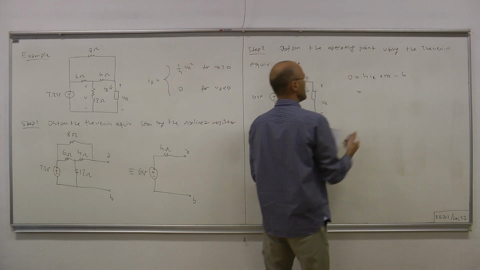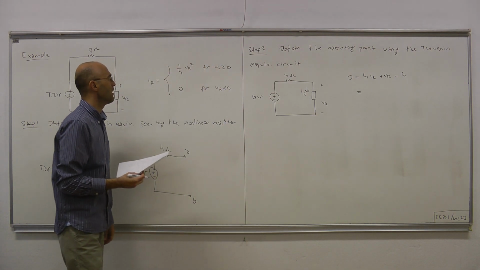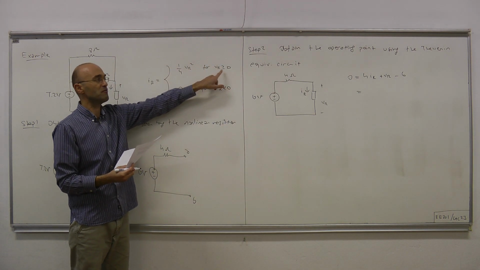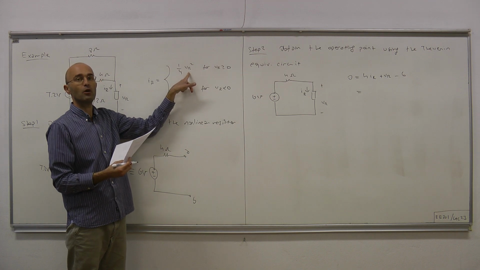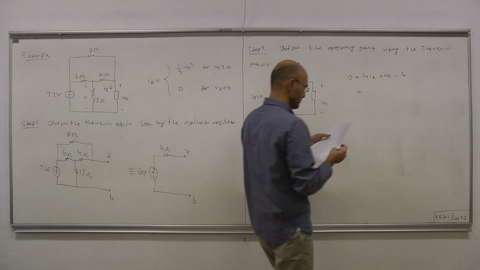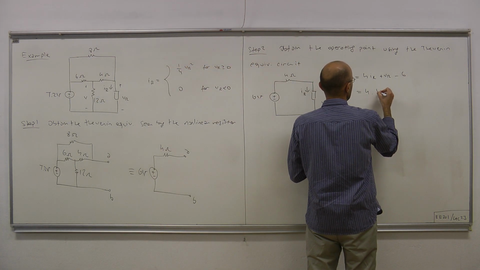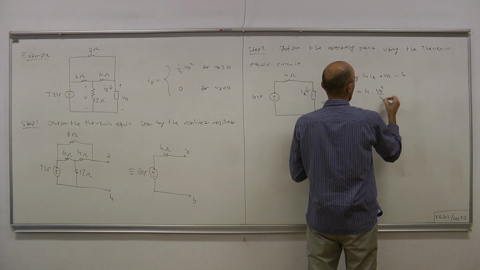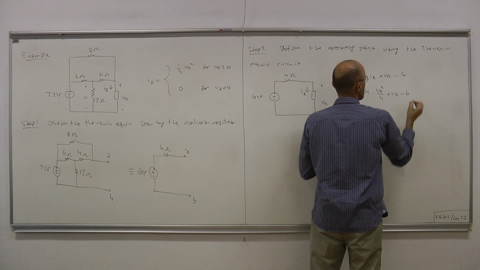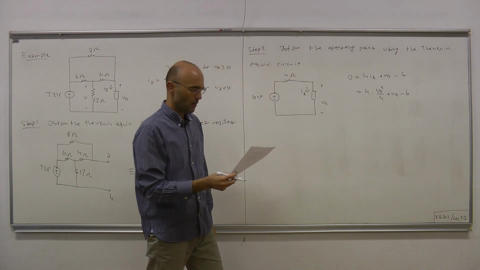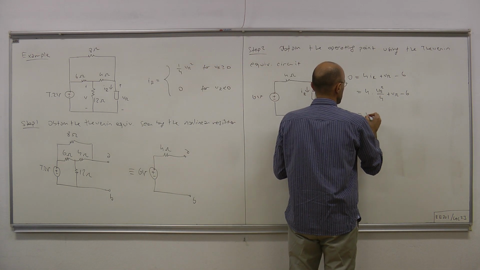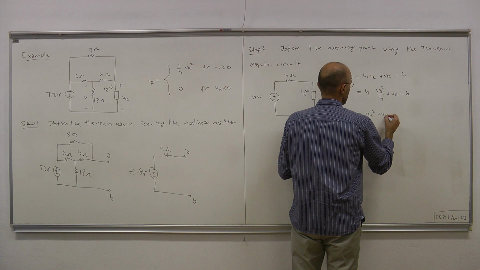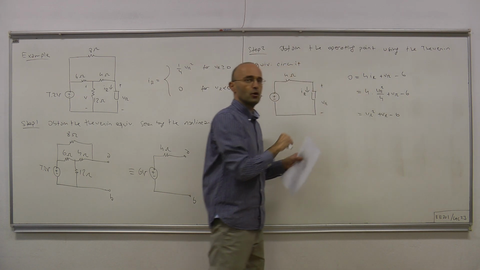Now, assuming that VR will turn out to be positive, we can replace IR with 1 over 4 VR squared. 4 VR squared over 4 plus VR minus 6 equals 0. That's VR squared plus VR minus 6 equals 0.